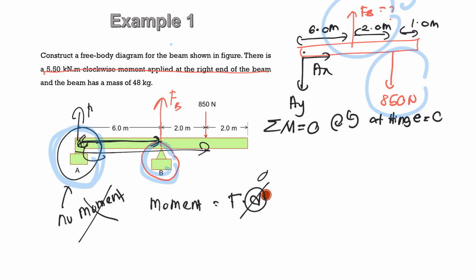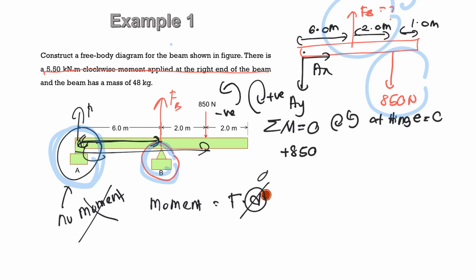So when I put clockwise here, I set the reminder that anti-clockwise is negative, clockwise is positive. If I hold my pen as the axis of rotation and apply force downward, it moves in a clockwise motion, so I put it as a positive 850.